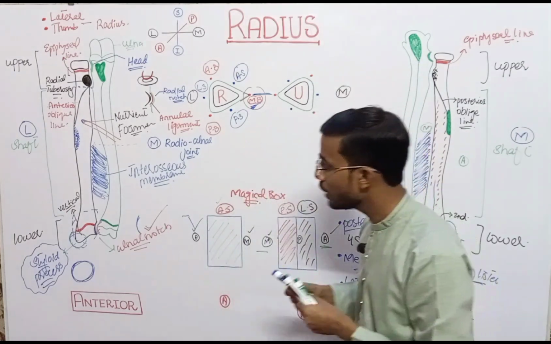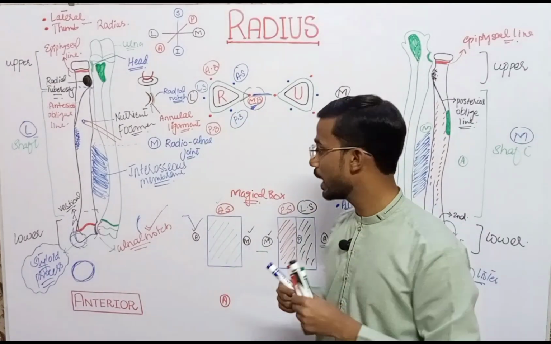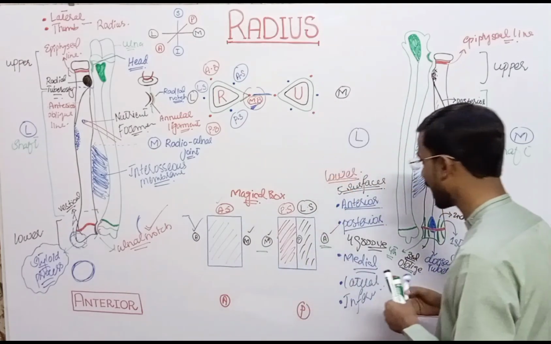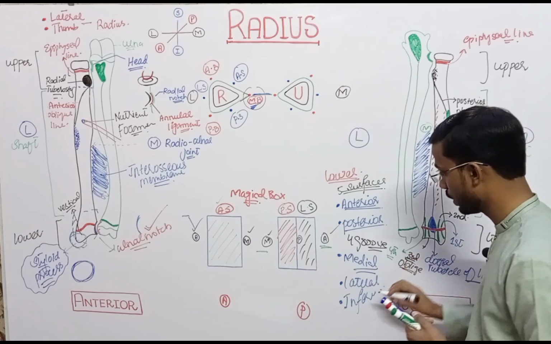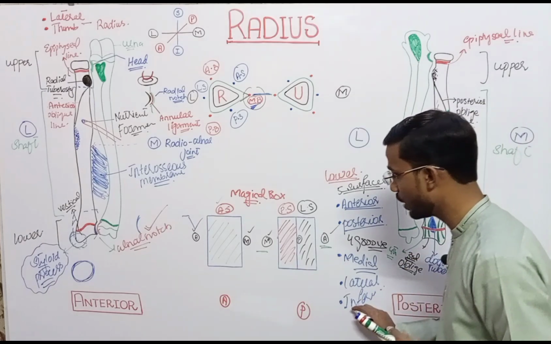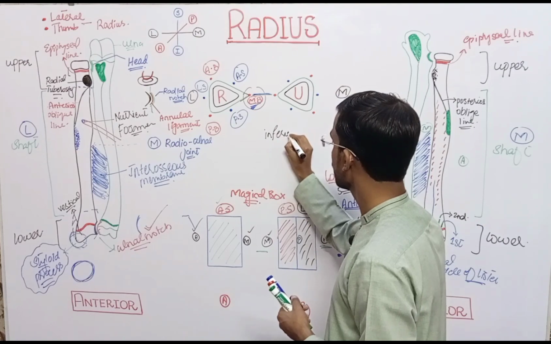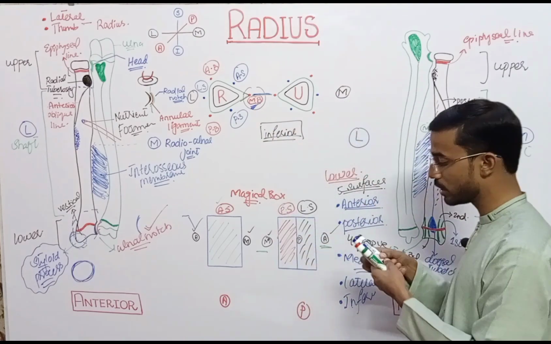If we look at the inferior side, it forms two structures. So keep in mind that the inferior side of the radius forms two structures.